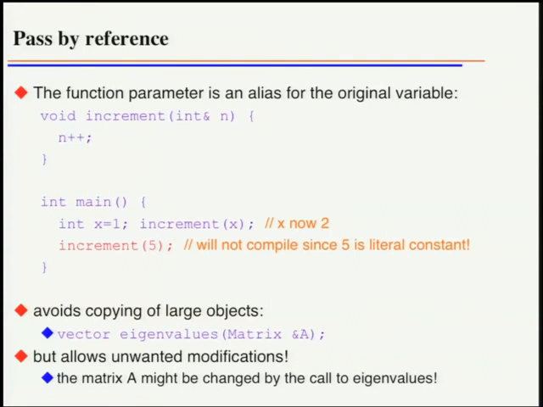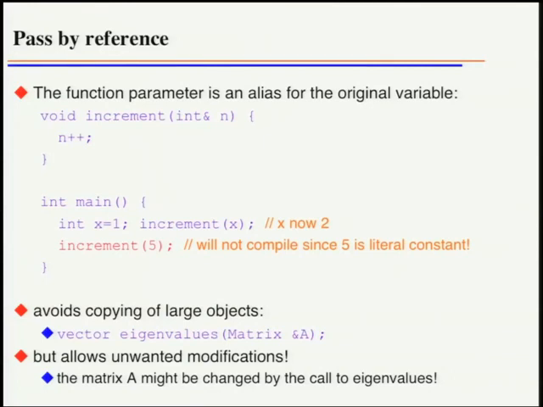So we have a variable x, we call increment, which takes the parameter as a reference. We increment the argument, and now x is 2. Calling this function with a constant argument does not work, because you cannot increment this literal constant 5. This will always be 5. So this will not compile.